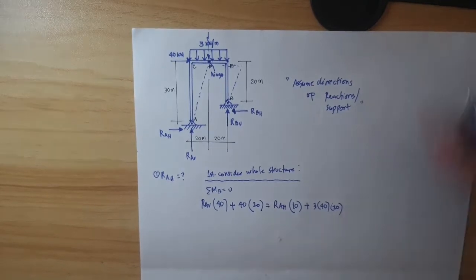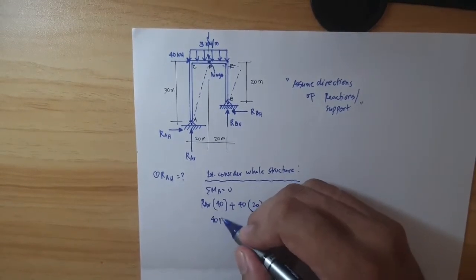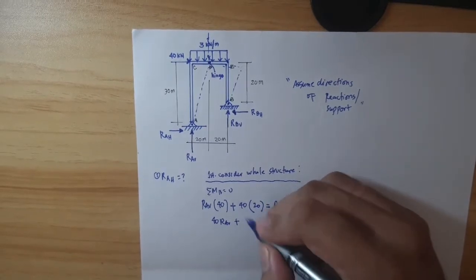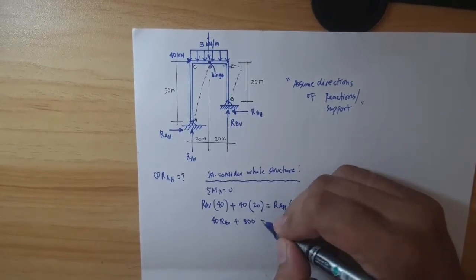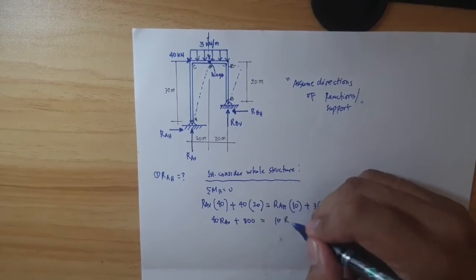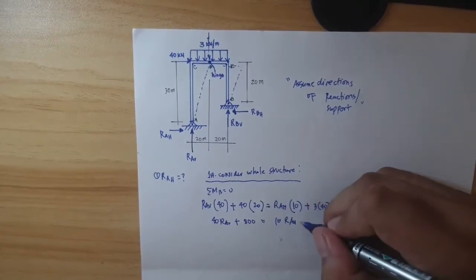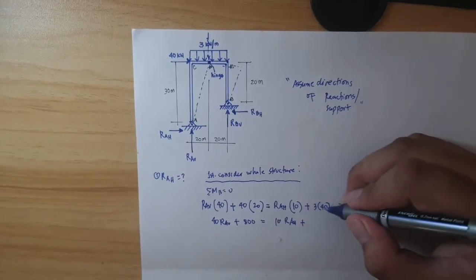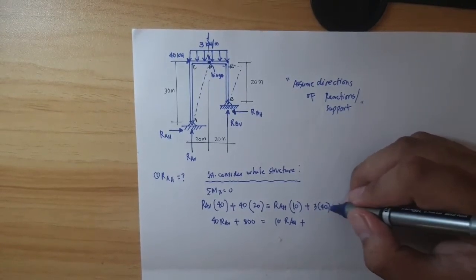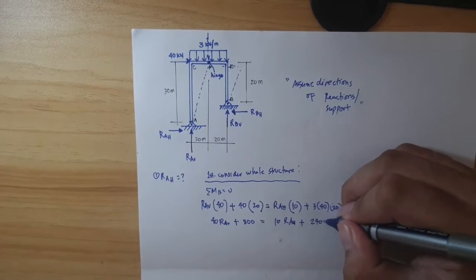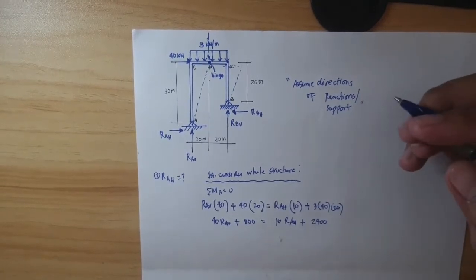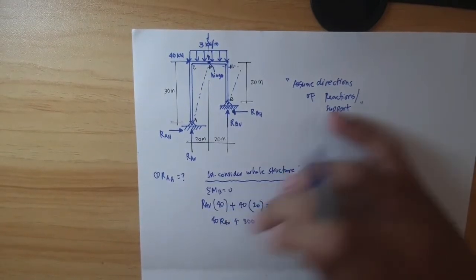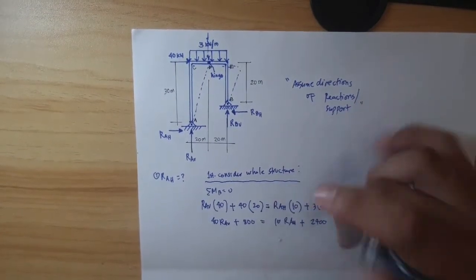Okay, so 40 RAV plus 800 equal to 10 RAH plus 3 times 4, 12, 12 times 2, 24, so 2,400. We can put all the variables on one side and all the constants on the other.